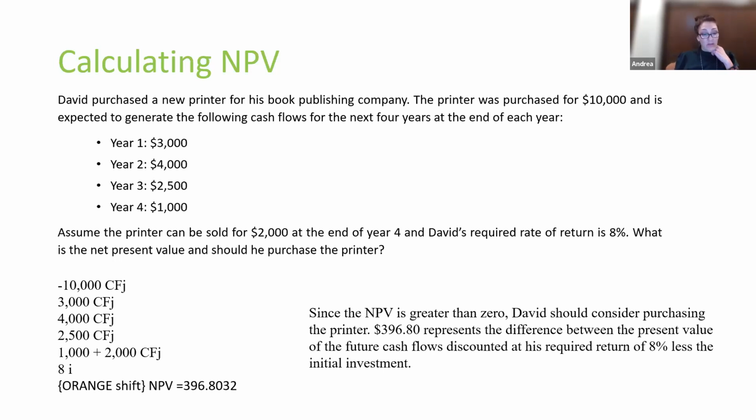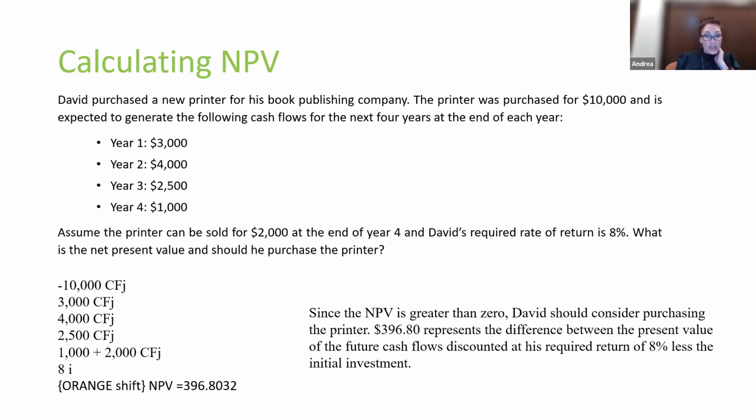The first cash flow, the first outflow, is $10,000. So you're going to do 10,000, hit your minus button, and hit your CFJ. When you put that in, it's going to show CFJ 0. So that's your period 0.